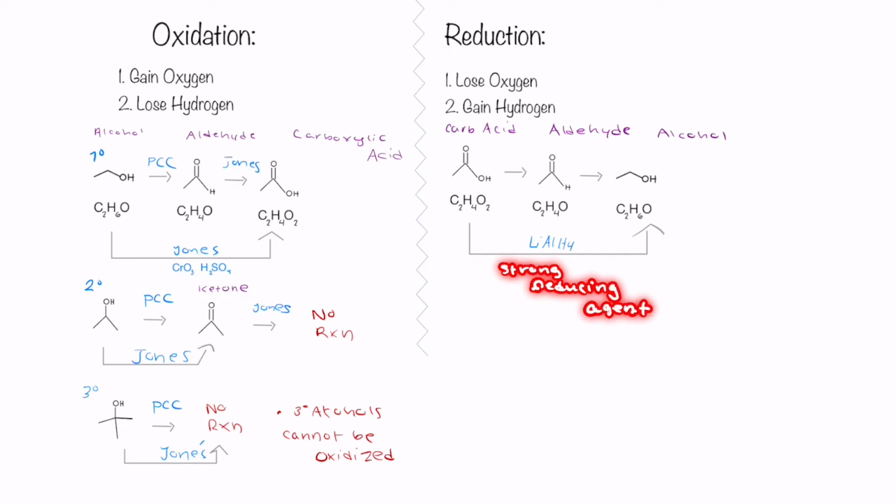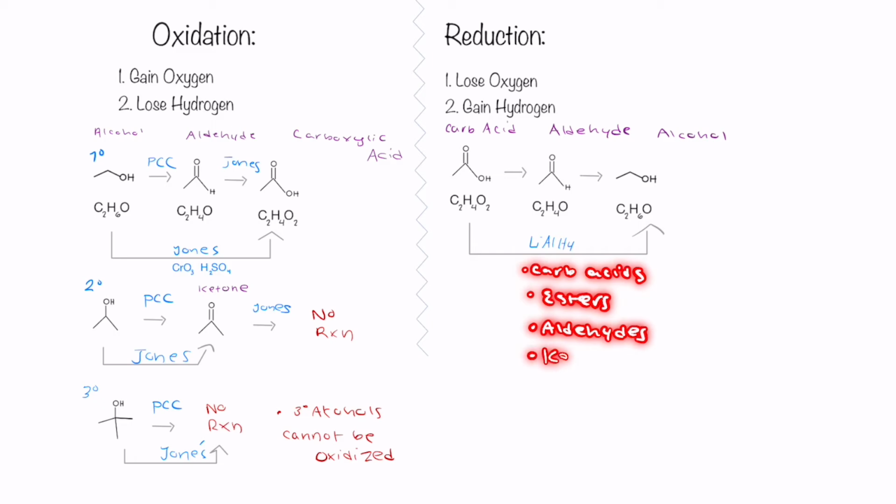And it can take carboxylic acids all the way to alcohols. It's so strong that it can not only reduce carboxylic acids, but it can also reduce esters, aldehydes, and ketones. So you're going to see this guy pretty often.